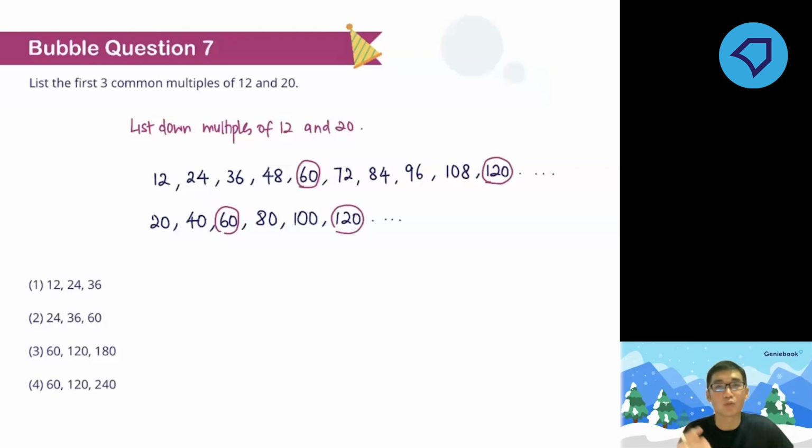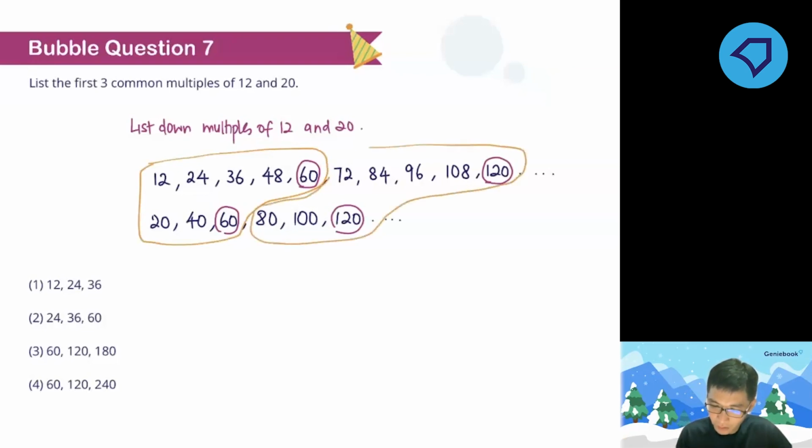So of course, one way is to continue listing, but already from the first two common multiples, I can see some pattern. You notice that they come in groups of 60, right? This is one group of 60. Then this is another group of another 60. So that's why you have 120. So if you continue another one more group, the next one should be 180.